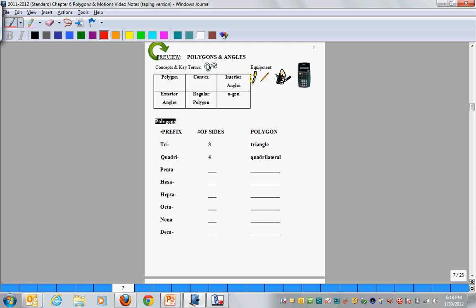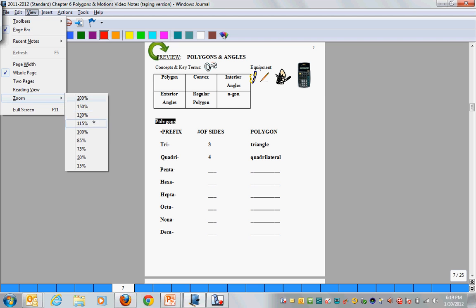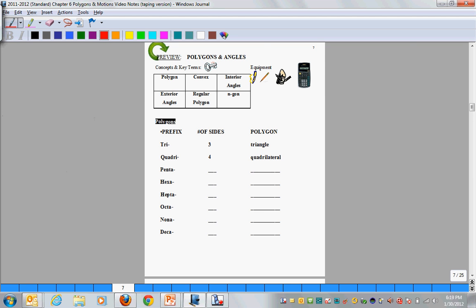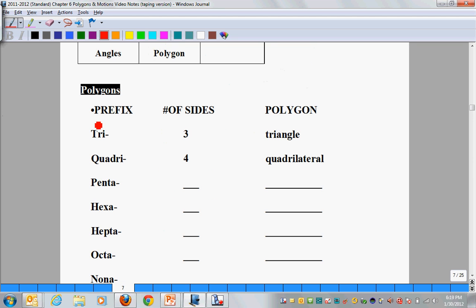We're going to be talking about polygons and angles. Polygon is just a generic name for a shape. And the polygons have prefixes that dictate how many sides it has. Some of these prefixes you're probably familiar with.